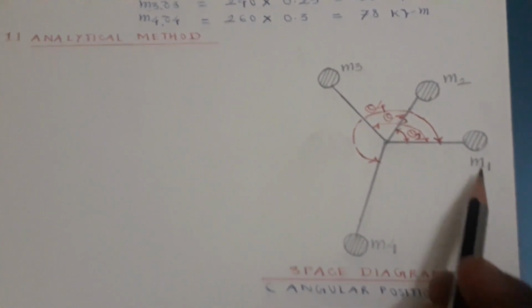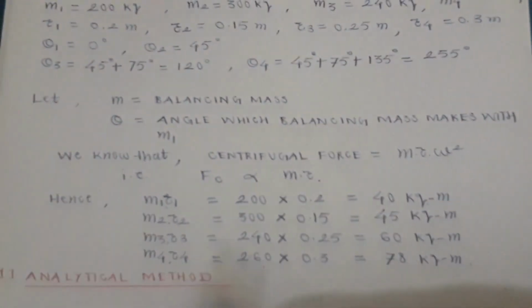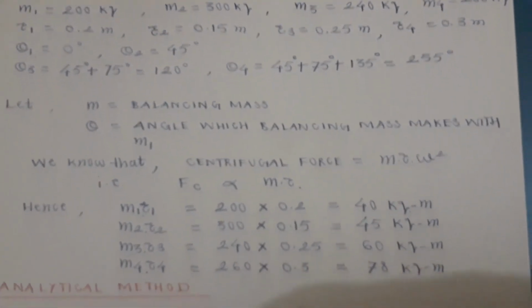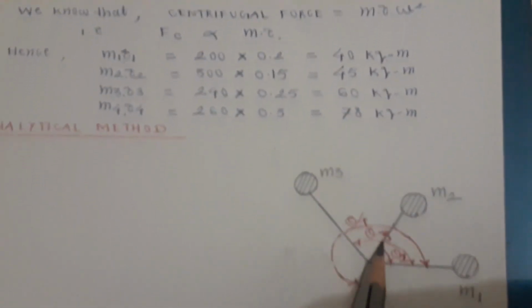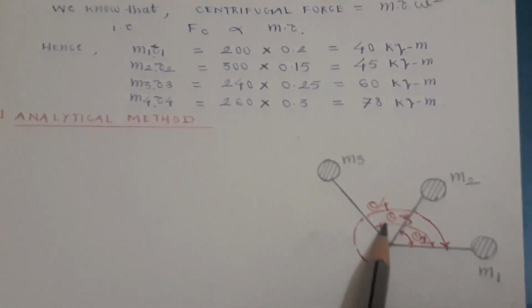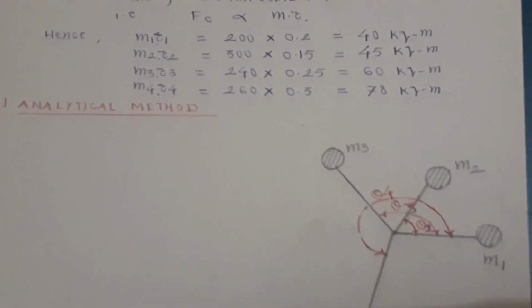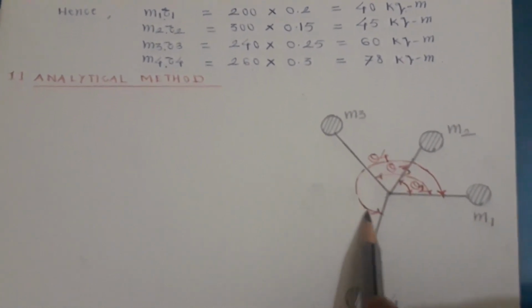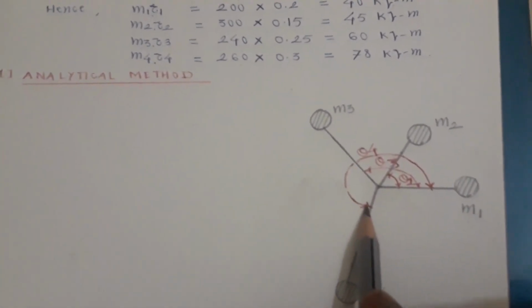So for m1, theta 1 is equal to 0 degree, and from this reference we have considered m2 at theta 2. This m3 will be at theta 3, and this m4 will be at theta 4.